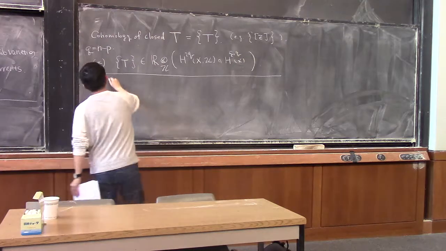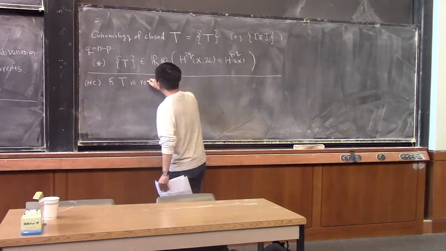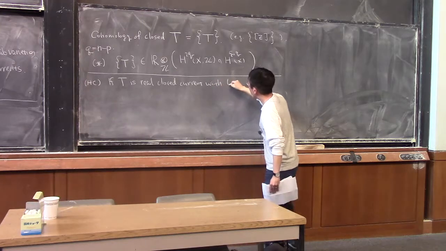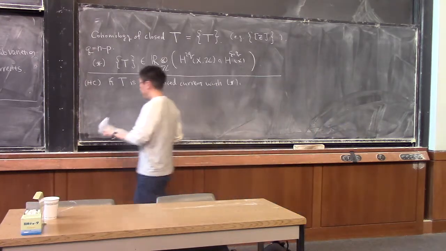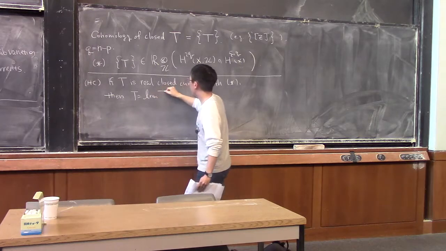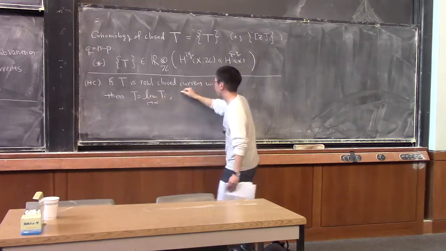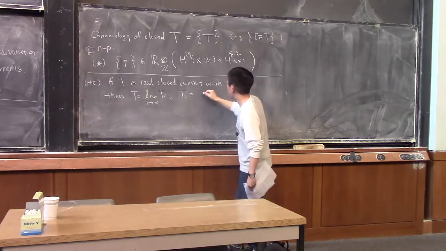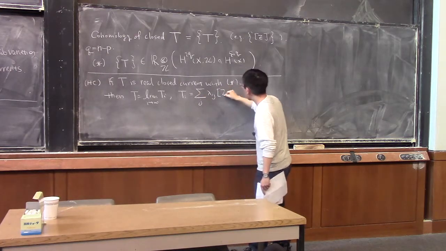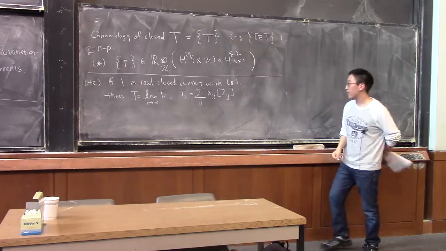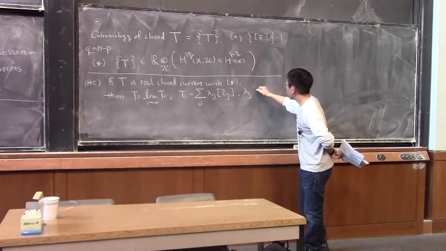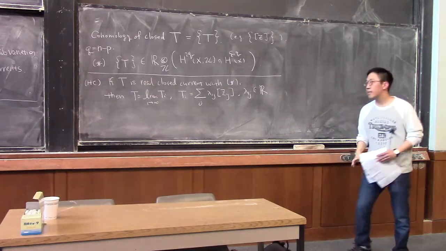The first statement says that if you have a real and closed current T satisfying this condition star, then it could be the case that T is a limit of these algebraic currents, more precisely, a limit of the form T_i, where T_i is a real linear combination of currents associated to p-dimensional subvarieties C_ij, where my coefficients lambda_ij are real numbers.